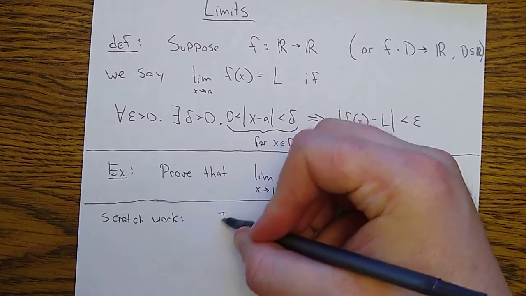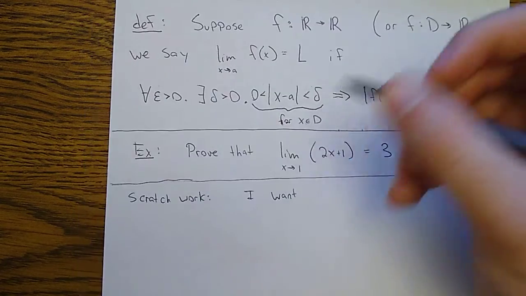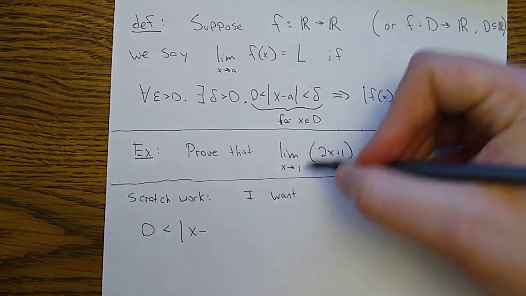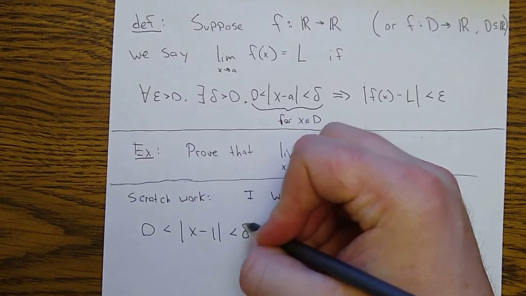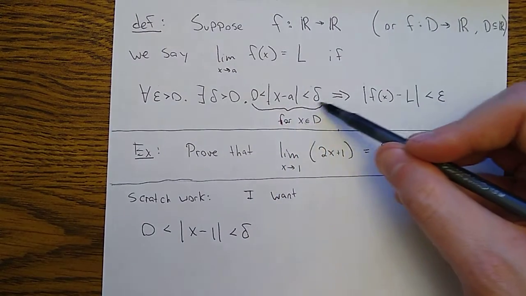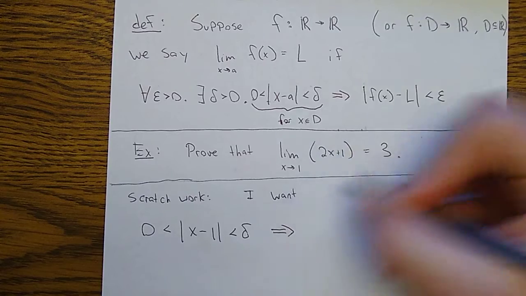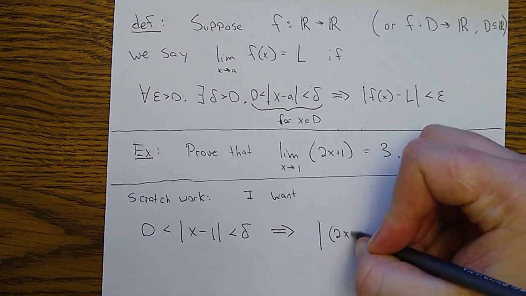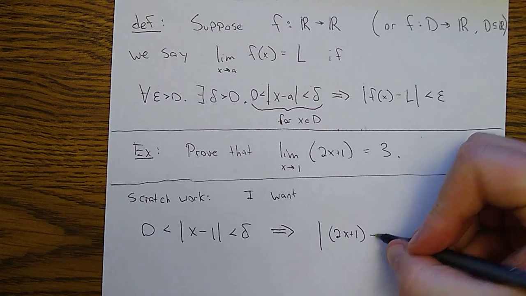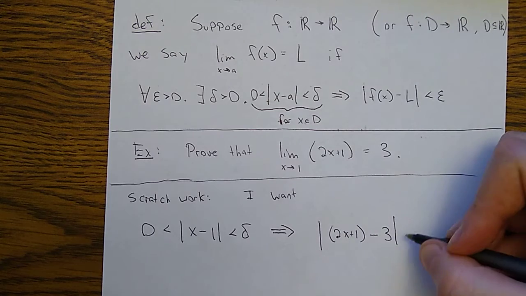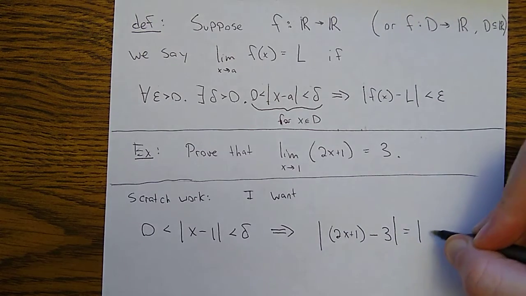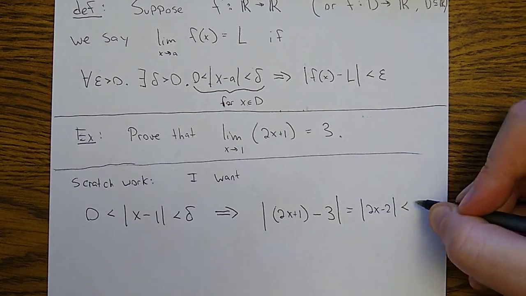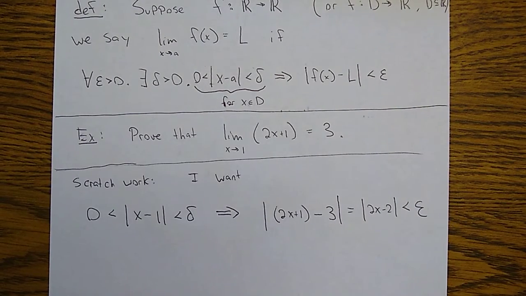What I want, a is 1, so I would like this to imply this. So I'm going to put in what f of x is. I'm going to put in what L is. And let me simplify it, actually. So that's 2x minus 2, and I want that to be smaller than epsilon, right?